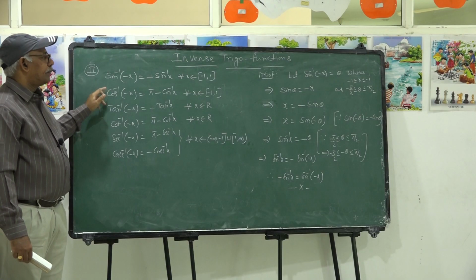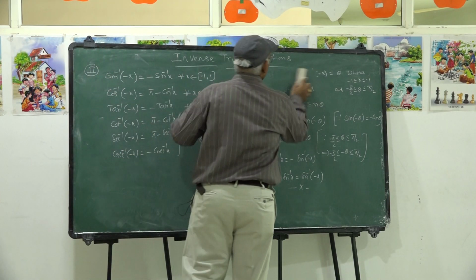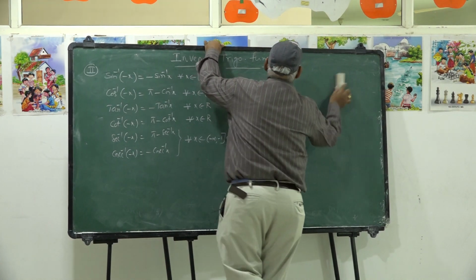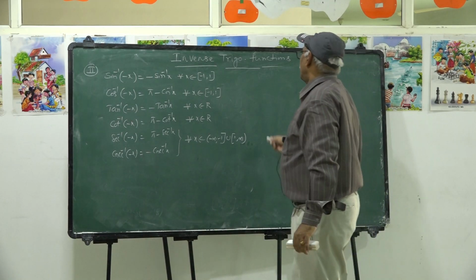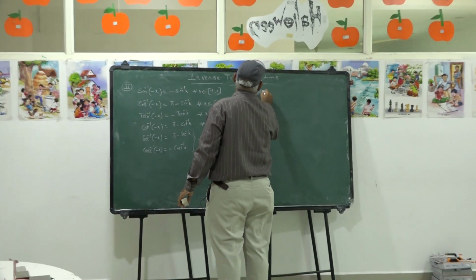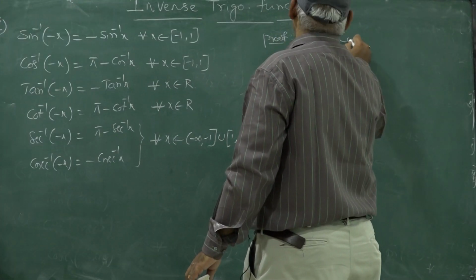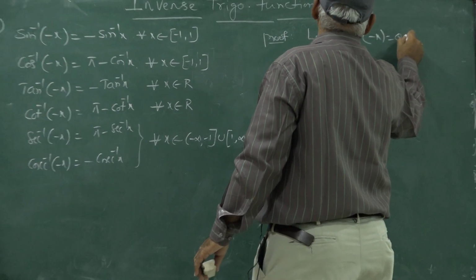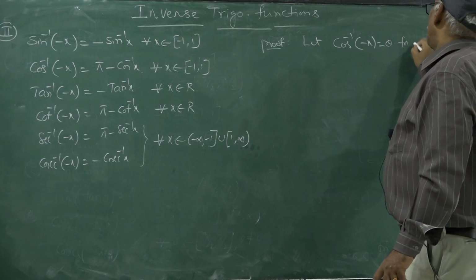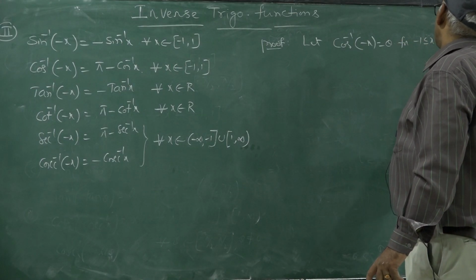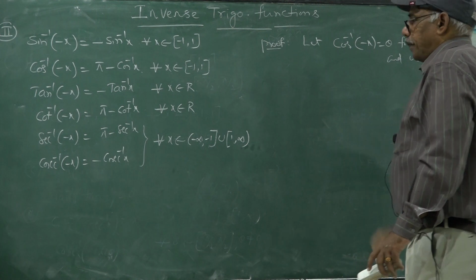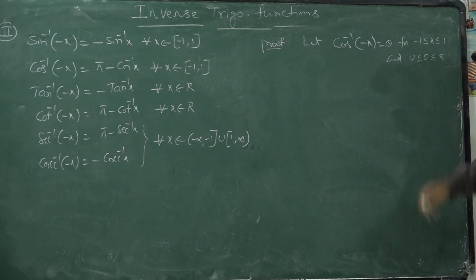Now to prove this value, let us consider the proof of the second one. Let cos inverse of minus x equal to theta, for minus 1 is less than or equal to x is less than or equal to 1, and theta lies in the principal branch values, that is 0 to pi.